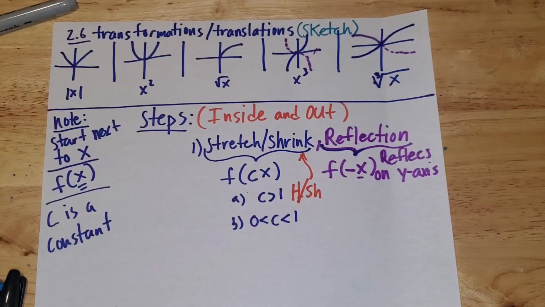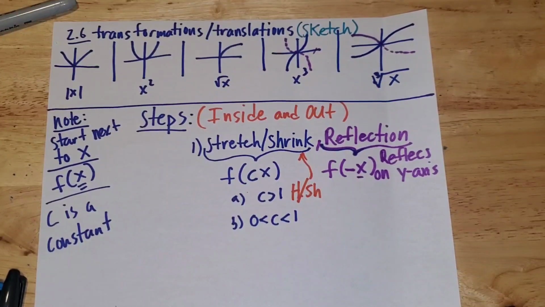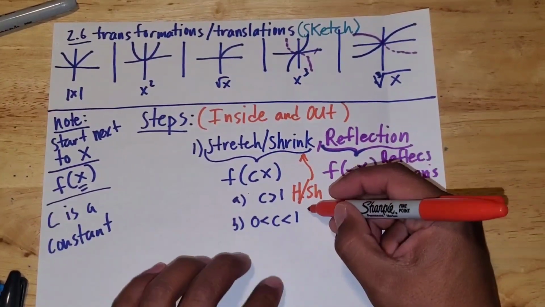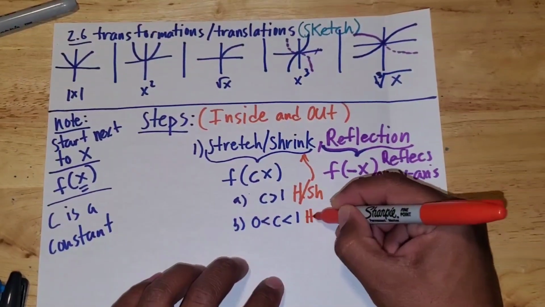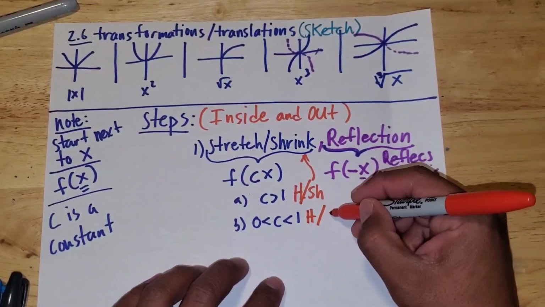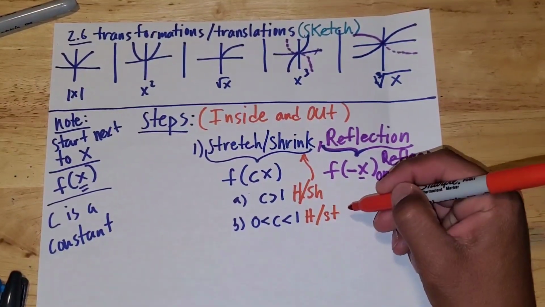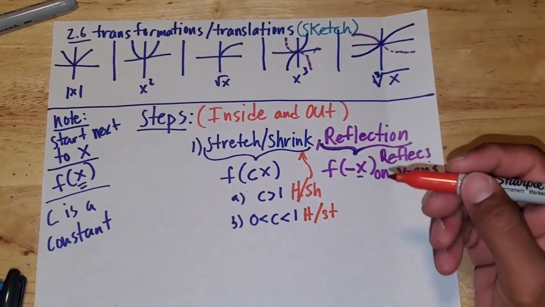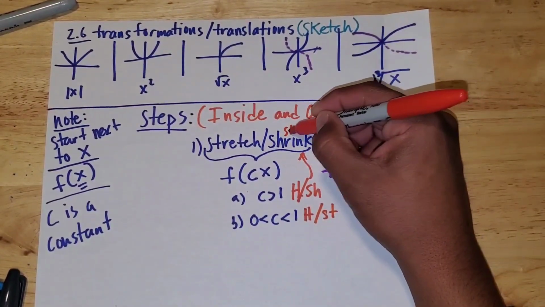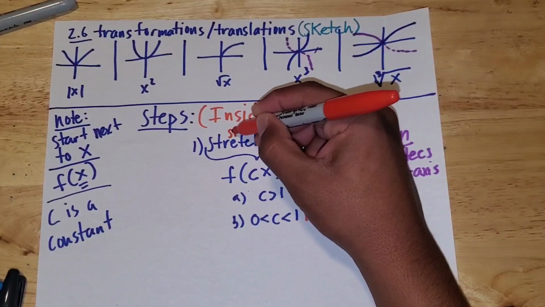But what it's actually doing is going to stretch it instead of shrinking it. So this is what I mean by it's working backwards. And it's going to be a horizontal stretch. I'm going to put ST, so this is SH, this is ST.